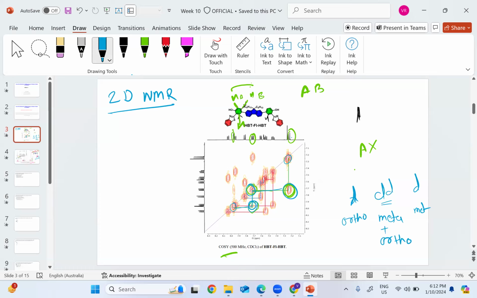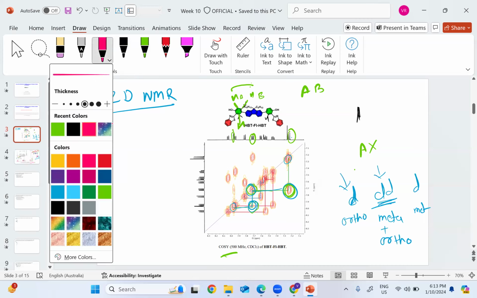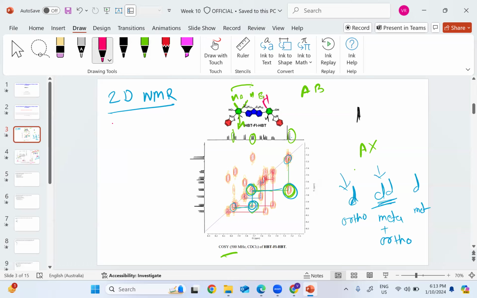So it means this hydrogen, this hydrogen and this hydrogen are coupled with each other, and this hydrogen will show the doublet of doublet, definitely with the hydrogen which is meta to this proton, right? So I will just highlight with the red color here, or the pink color. So this hydrogen will be the doublet of doublet kind. I just label this hydrogen as H star. This signal is due to the H star.